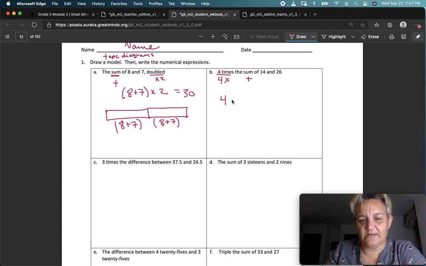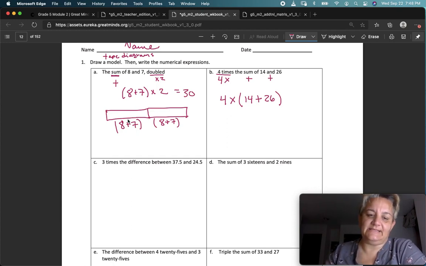So 4 times the sum of 14 and 26, okay? And how am I going to represent that in a tape diagram?